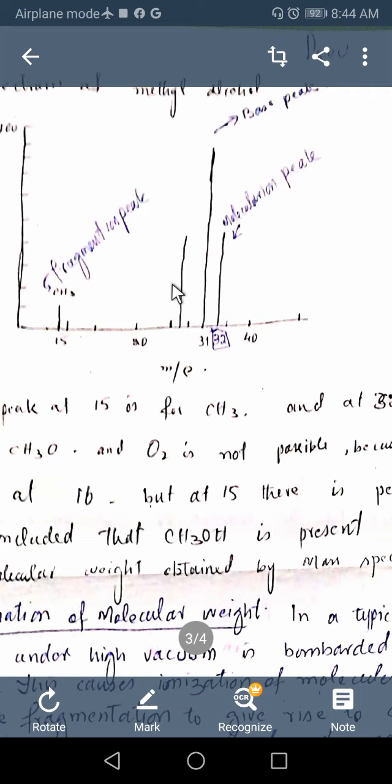If you are drawing the graph, and on the x-axis you are plotting M/E, on the y-axis you are taking the relative abundance, then the graph obtained in which peaks are present is called a mass spectrum.